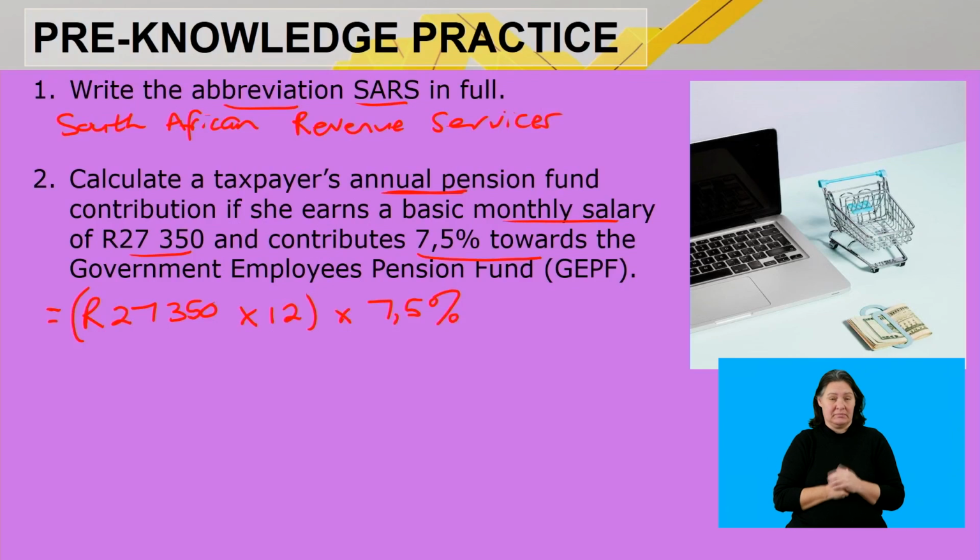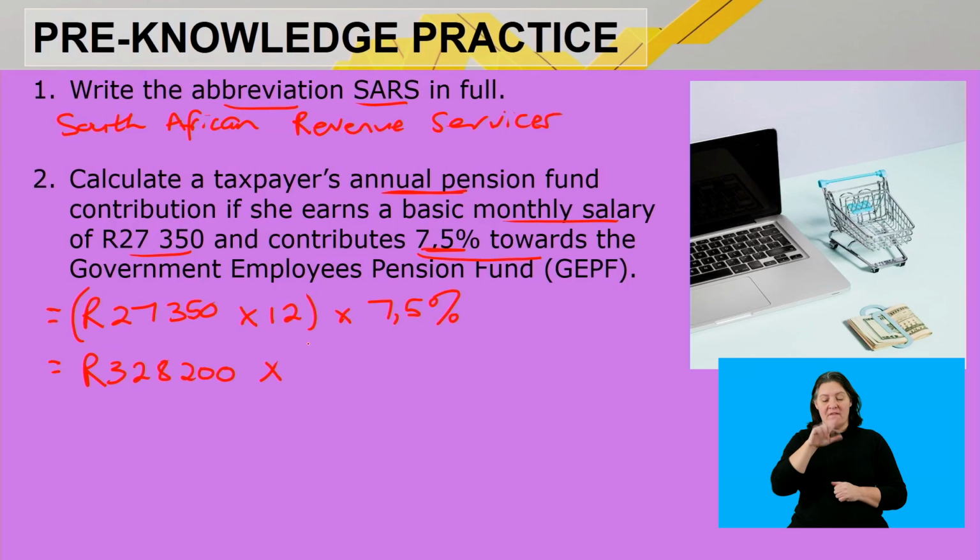All right, so let's quickly type that in and please work with me on your calculator. 27,350 Rand multiplied by 12. So that will give us a basic annual income of 328,200 Rand. And on this, the 7.5% is calculated.